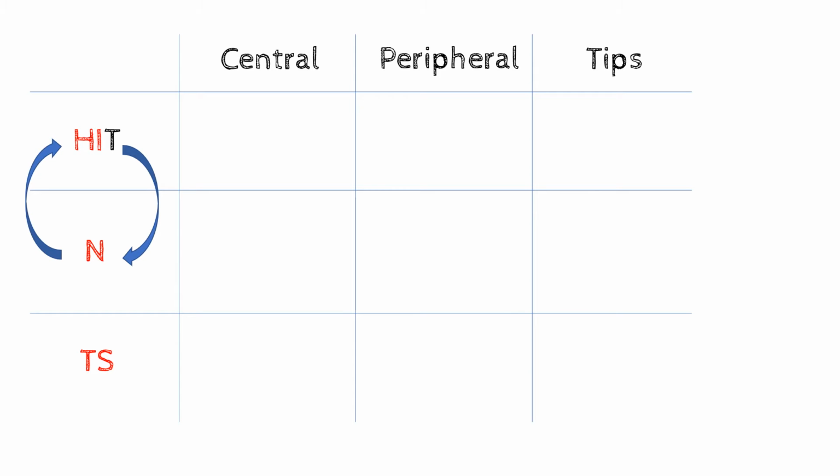All right. So each of the 3 tests of the HINTS test can either have a central or peripheral result, and I'll give you some tips on these. One of the first tips I'll give you is don't do the HINTS test in that order, that is, don't do the HIT first and then the N and then the TS.